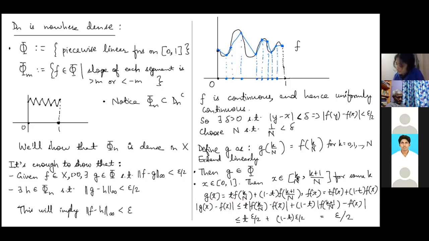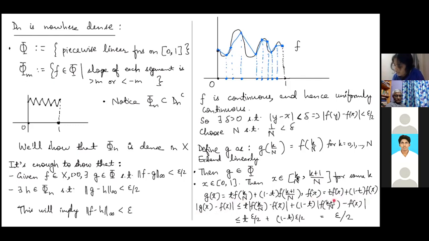And we'll write f of x as t f of x plus 1 minus t f of x. The reason is that we want to look at this difference, mod G x minus f x, and bound it. So we'll use the triangle inequality, just to introduce these terms involving t and 1 minus t.